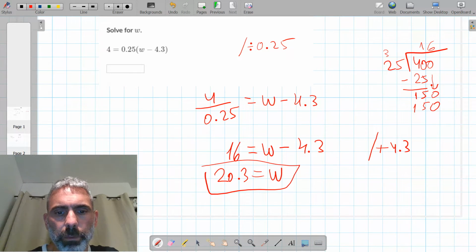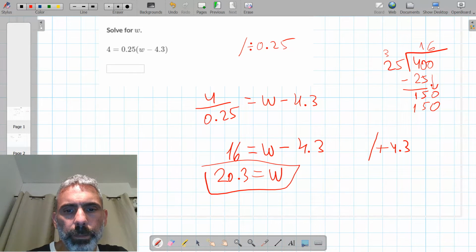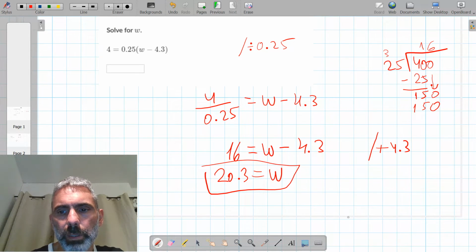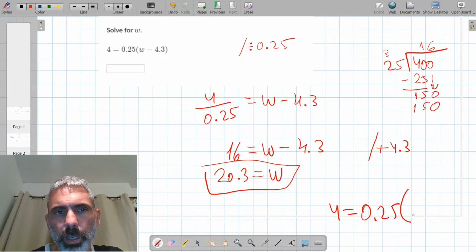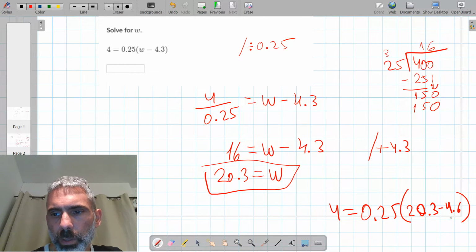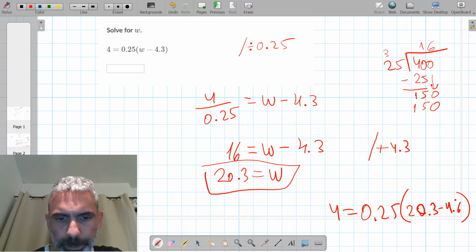Now we need to verify this. So I will plug it in the initial equation. So 4 equals 0.25 times 20.3 minus 4.3.